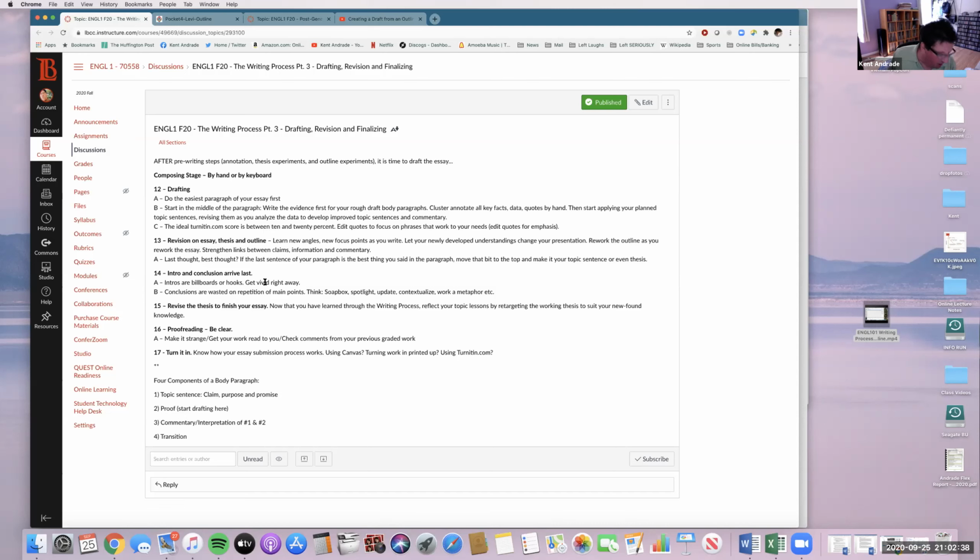So we want to be thinking about this revision that goes on as a process within this process, as we are working out our body paragraphs, as we're getting all the 4 parts to work together smoothly.